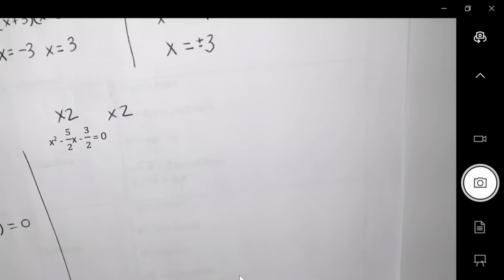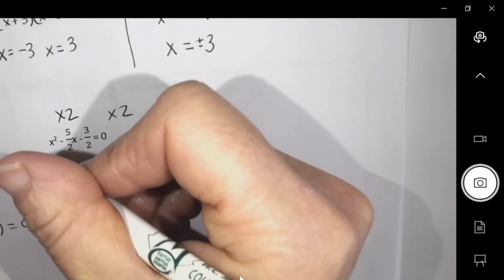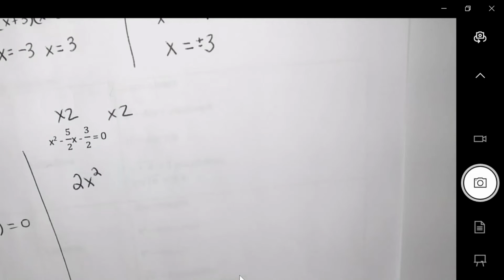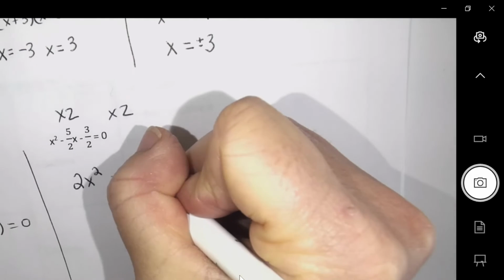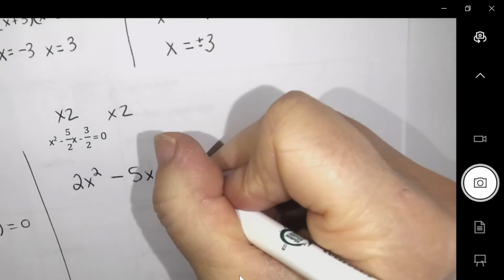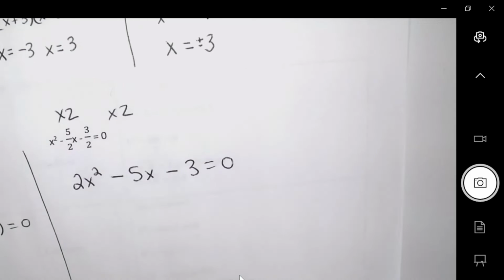I'm going to times everything by 2. So 2x squared. Do we remember what this is going to do? Cancel out. So the bottom is gone on that because it just canceled it out. And a minus 3.